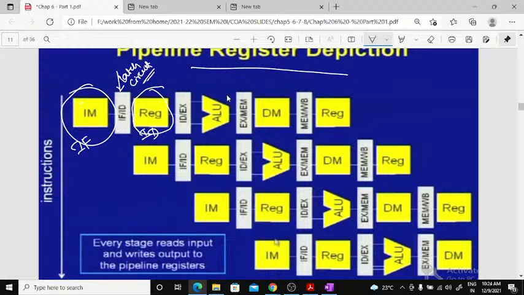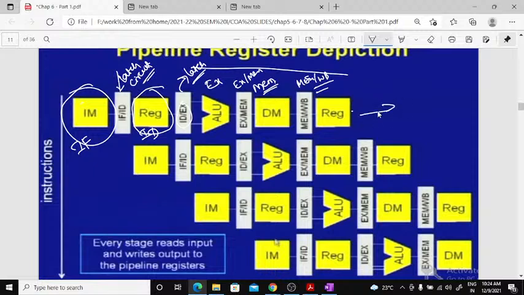Then this is the ALU, that is the execution stage. So here you can see ID/EX, instruction decode and execution stage, and between them is a temporary latch register. Then the execution unit and the memory unit, data memory, so here EX/memory, then memory and write back registers.